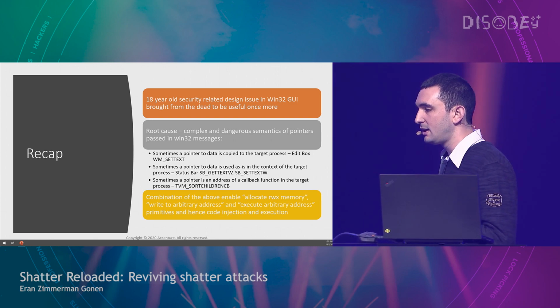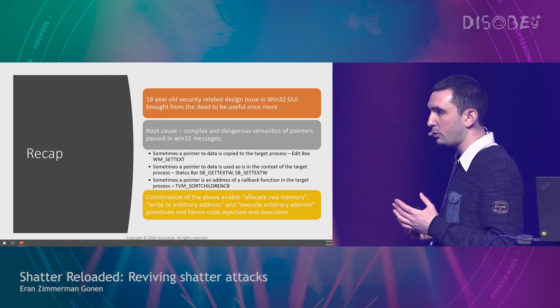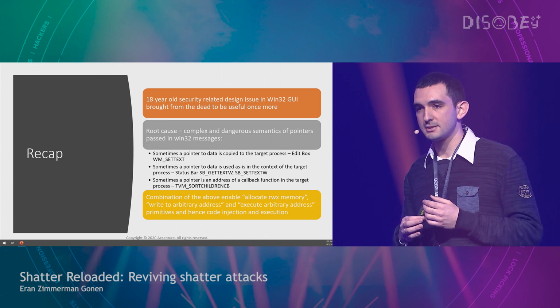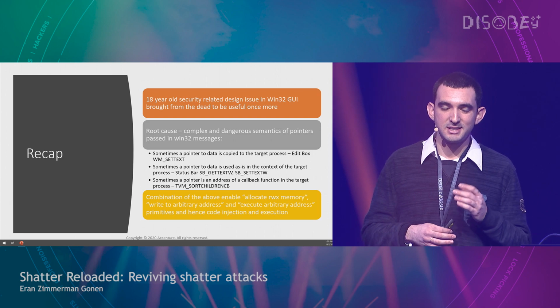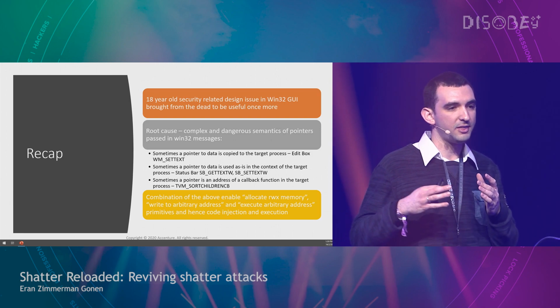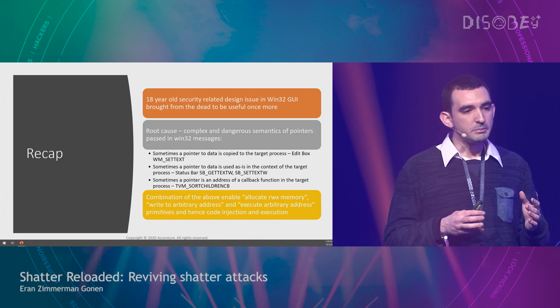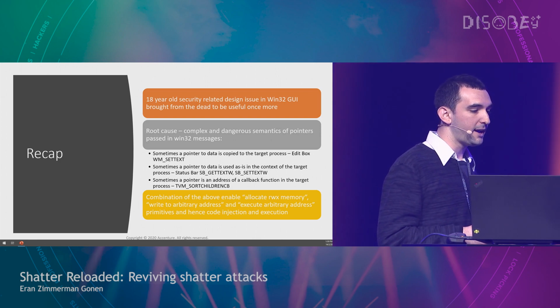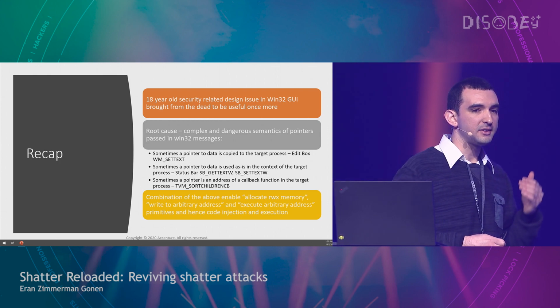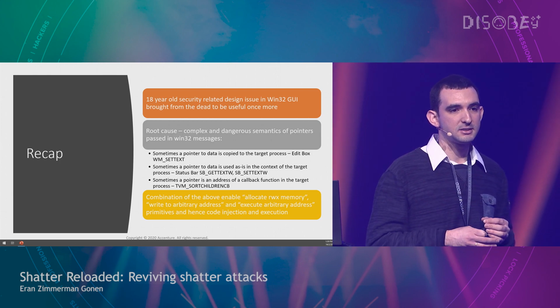So sometimes a pointer is considered to be pointing to data in the source process, like in the case of the edit box's set text. And that data should be copied from the source process to the target process. Sometimes these pointers were pointers to data inside the local process, like the status bar's setText and getText.